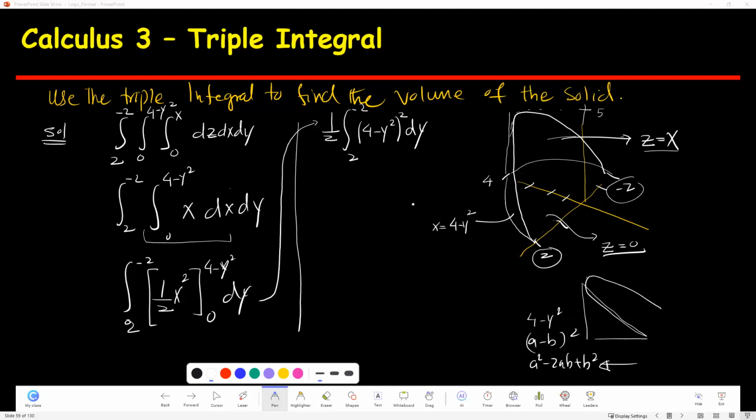I'm going to use this to open up the expression. So I'm going to write half integral 0 to 2, and then 4 times 4 is 16, minus 2 times 4 is 8 y squared, plus y to the power 4. Okay, and then dy.